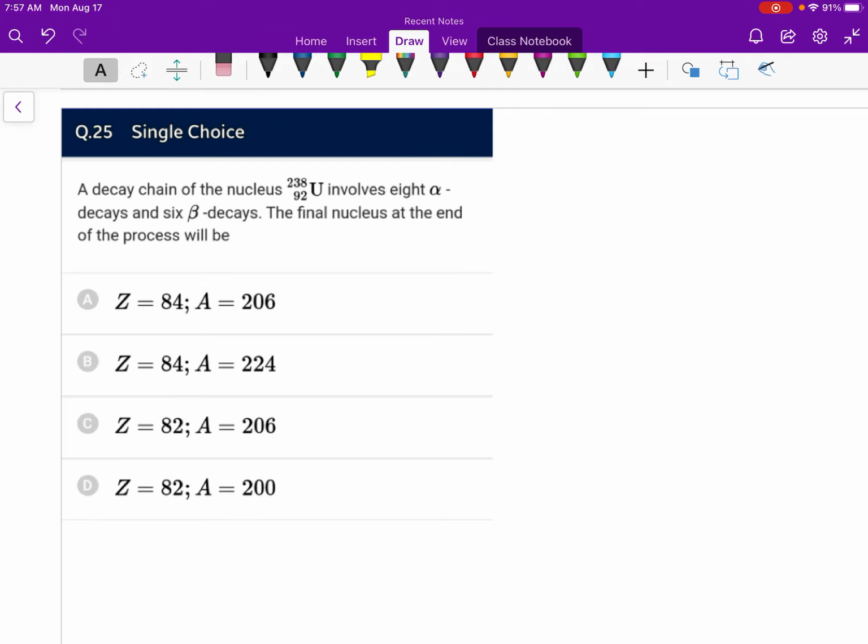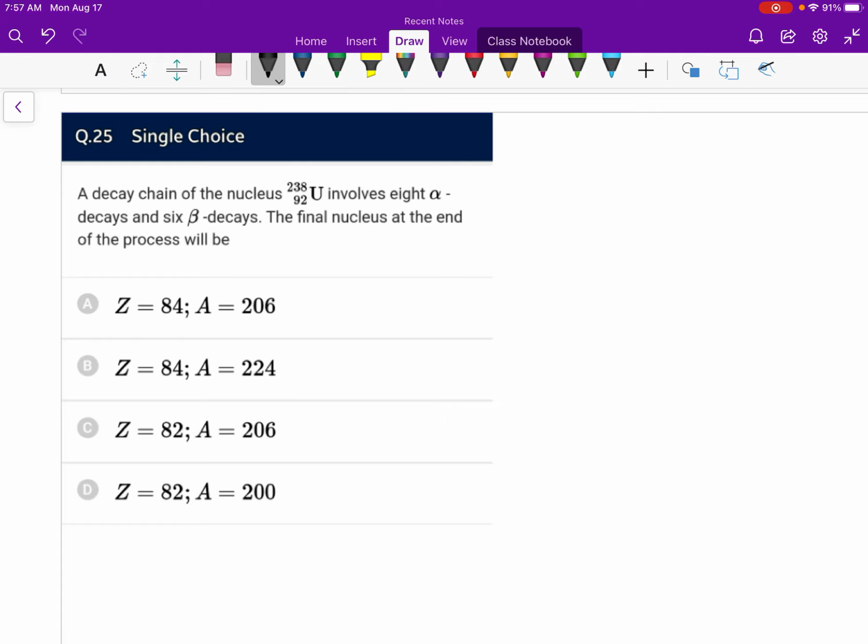A decay chain with 8 alpha decays, so this we have U 92, 238. After 8 alpha decays, mass number decreases by 32, so this is 206, and atomic number, say this is x, decreases by 8 2s are 16, so 92 minus 16, that is 76.